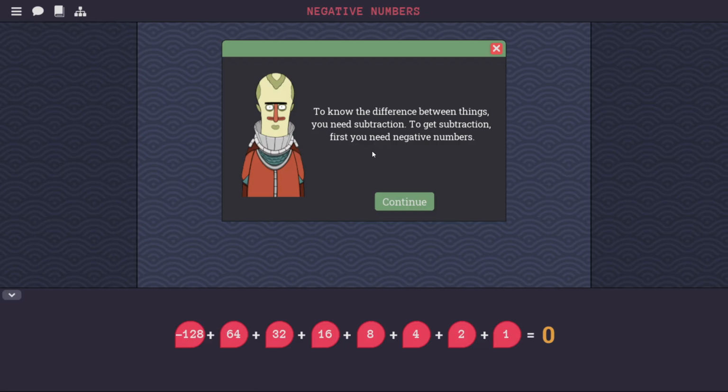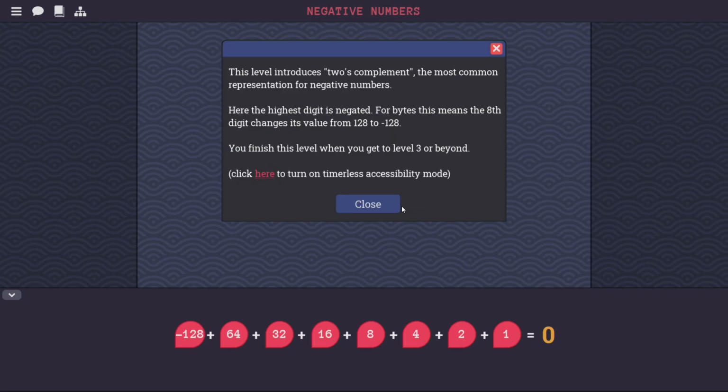So the level says, to know the difference between things, you need subtraction. To get subtraction, first you need negative numbers. This level introduces 2's complement, the most common representation of negative numbers.